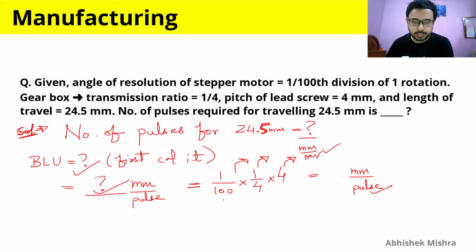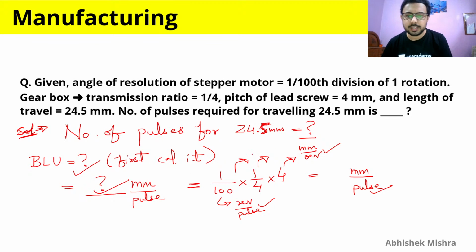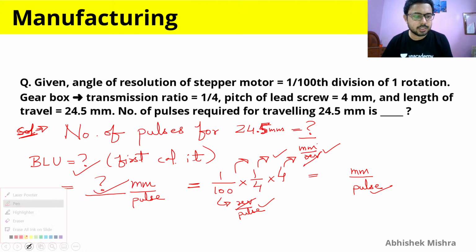Okay, so this 1 by 100 is given as, so as you can see, after you have properly written the units and calculated it, the thing that is left here is mm per pulse, and that is the basic length unit that we are calculating.